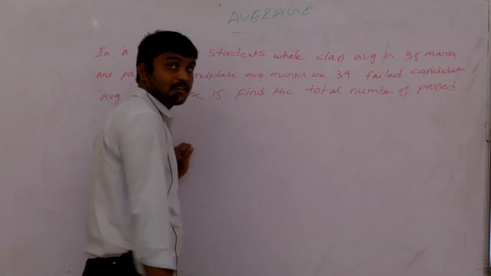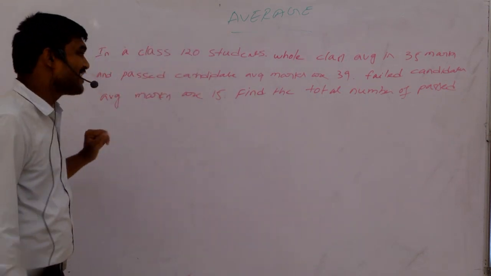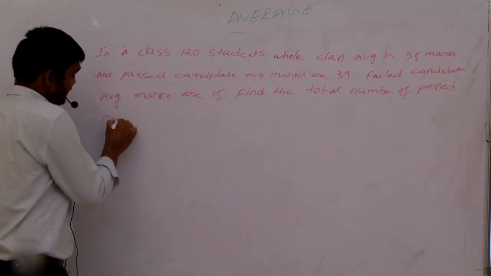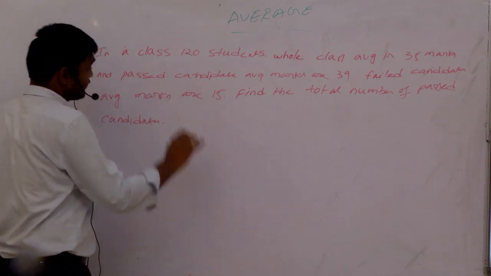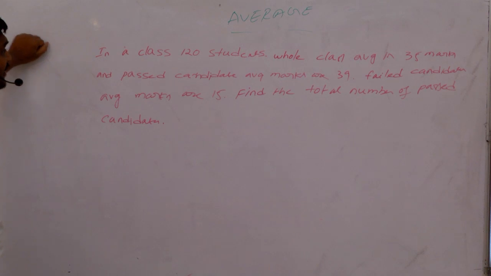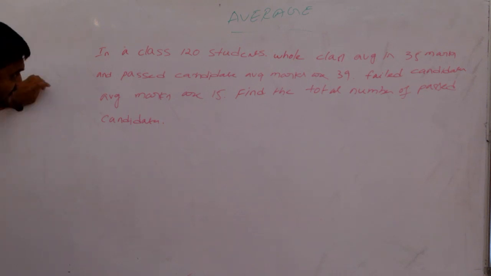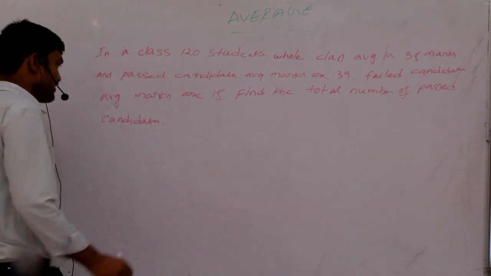Find the total number of passed candidates. So once again, in a class, 120 students write an examination, whole class average marks are 35, passed candidates' average marks are 39 and failed candidates' average marks are 15. Find the number of passed candidates.